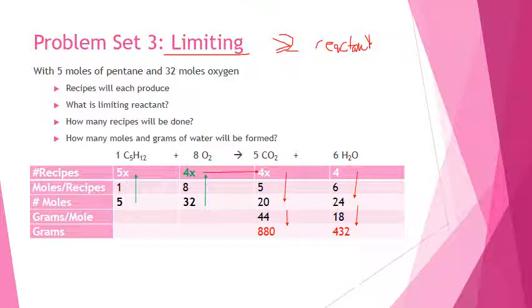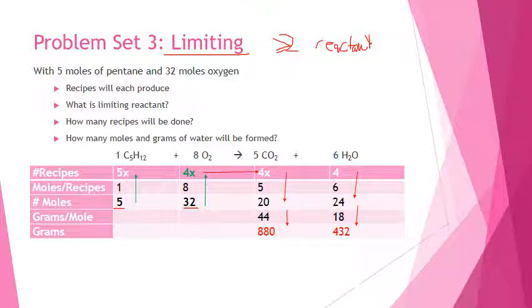Okay. All right. So the way to do these, and I gave you a short video on how to do these, is you want to find out, so you're given 5 moles of pentane and 32 moles of oxygen, and what you want to do is find out which one of these 2 sets of moles gives the least amount of recipes.